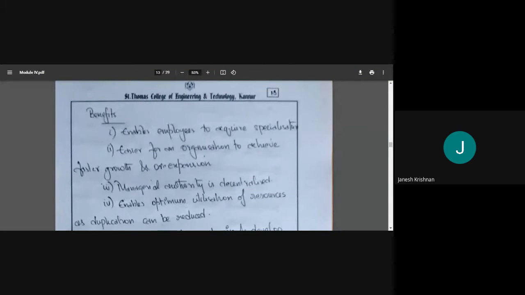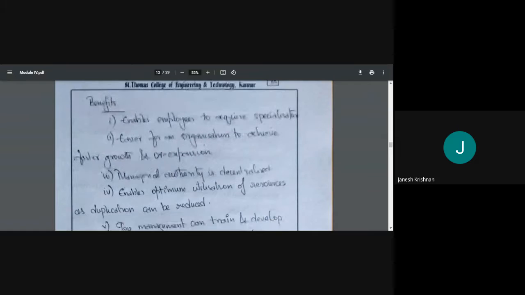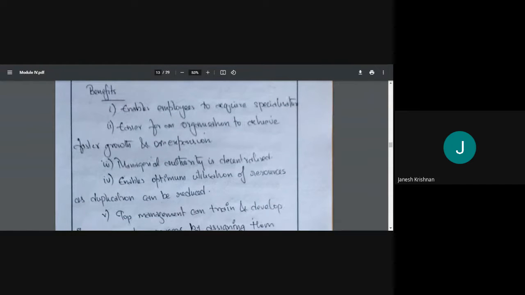Everyone has authority. In our case, in arts, the arts coordinator does not have ultimate authority. Your stage department has some authority, on stage has authority, off stage has authority, the transportation department has authority. It is decentralized and enables optimum use of resources, and duplication can be reduced.